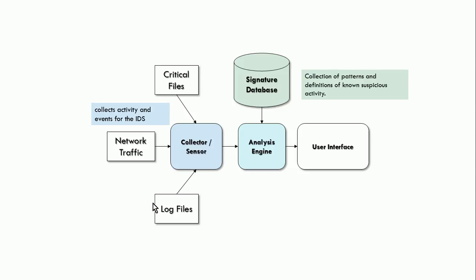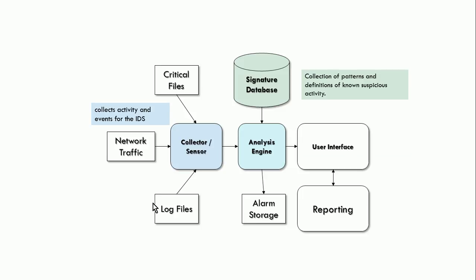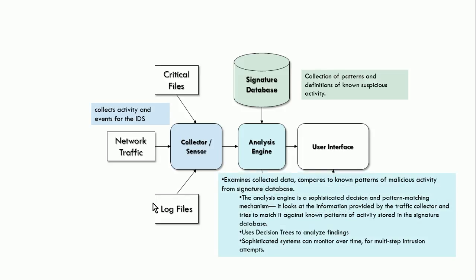It might be available to you in a user interface. You might be able to do reporting, and there might be some kind of alarm mechanism to let you know that something has happened. And of course, the IDS gives you a good picture after some kind of incident as to exactly what happened. So this is roughly how an intrusion detection system works. Just about all the different types of IDSs that your book talks about work roughly in this way.